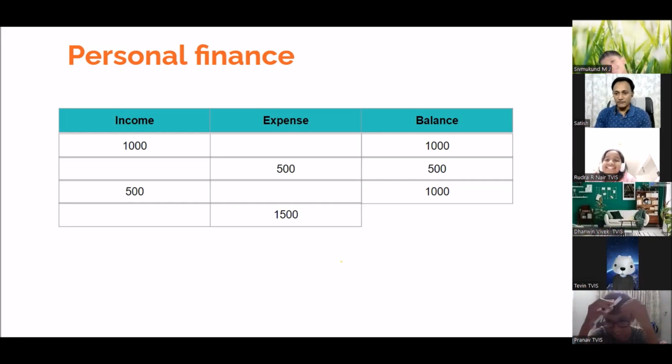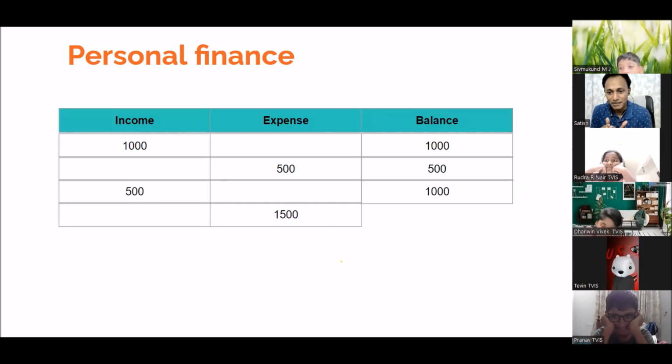So we will consider this as borrowing money. You have 1,000 rupees and you are spending 1,500 rupees. So you are borrowing 500 rupees. Somebody told that in reality you have zero money. But then the next day if you get 500 rupees, how much money will you have?